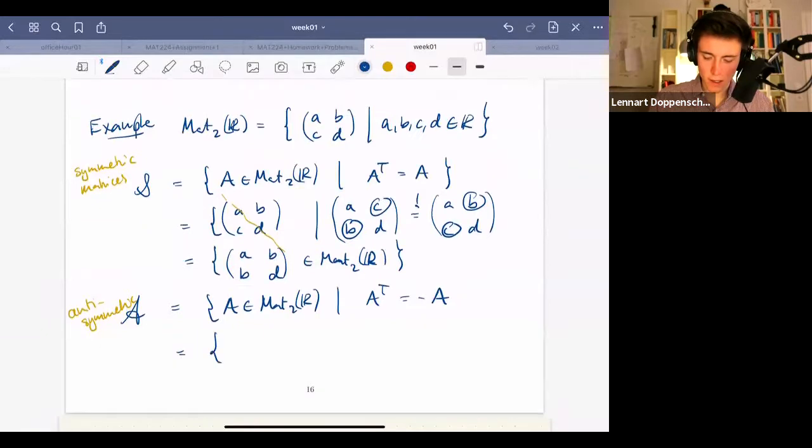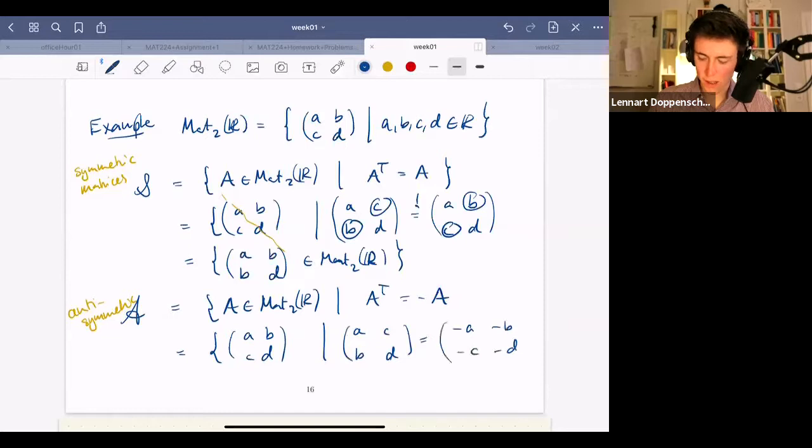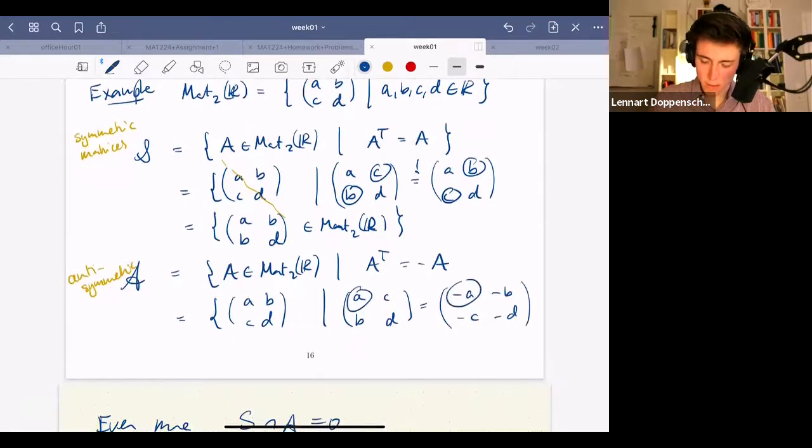Right, and similarly here, if we have A, B, C, D, and we require that the transpose, which is still A, D, and C and B switched, is equal to minus A, minus B, minus D, and minus C, you can observe that the diagonal entries have to be 0, because this means A equals minus A, which is only true if A equals 0.